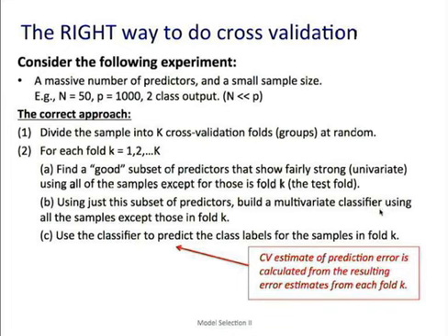But univariate is not looking at Y. Using just this subset of predictors, build a classifier using all the samples except for those in fold K. This is just the application of K-fold cross-validation. Fit the model, right? Use the classifier to predict the class labels for the samples in fold K.